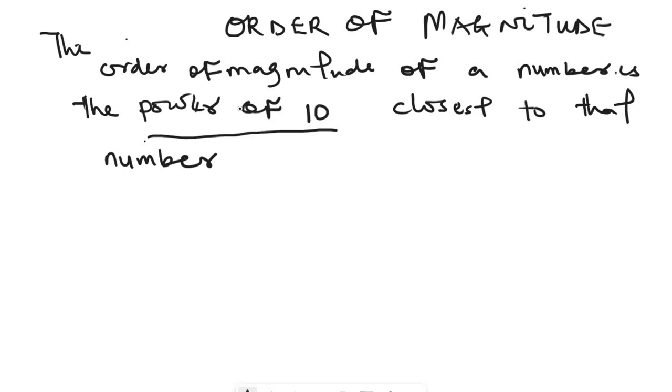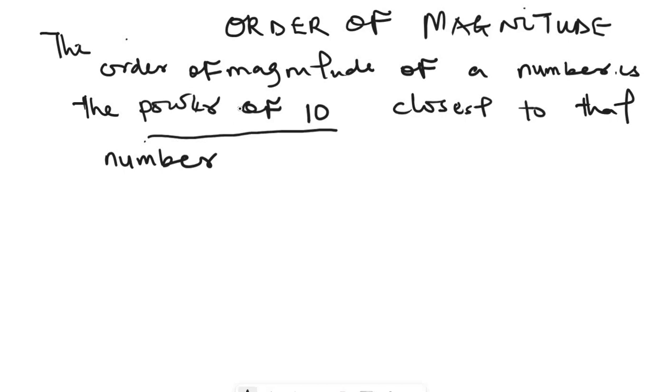This is how it works. Like I said, the order of magnitude of a number is the power of 10 closest to that number. Now I have a logic I use in this concept.